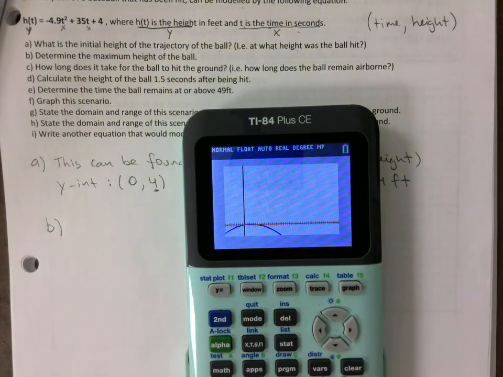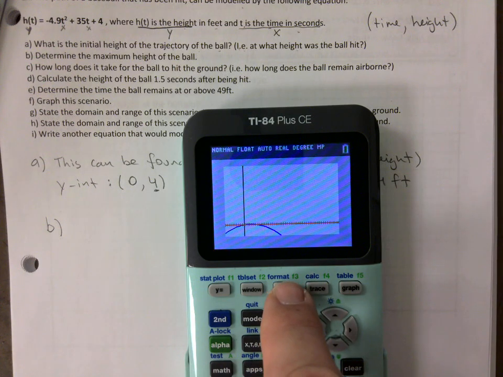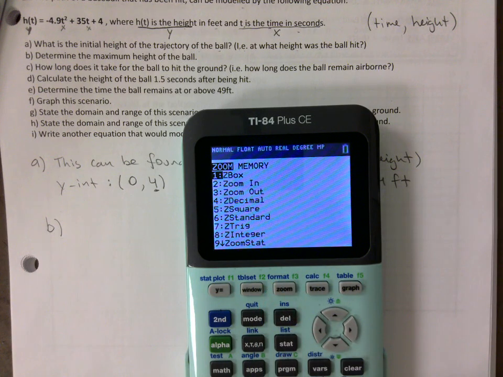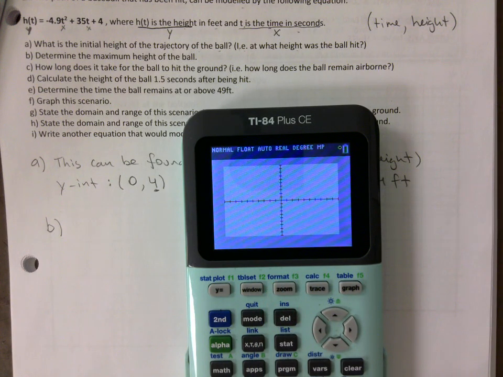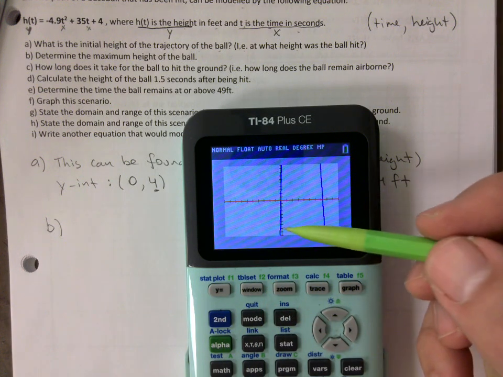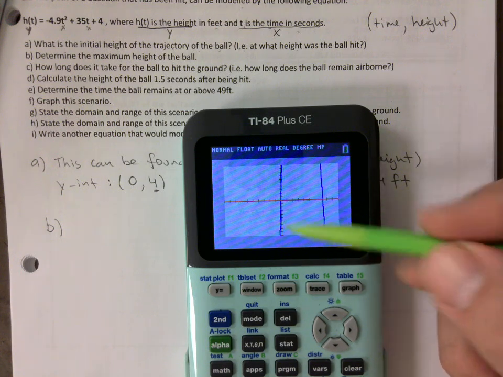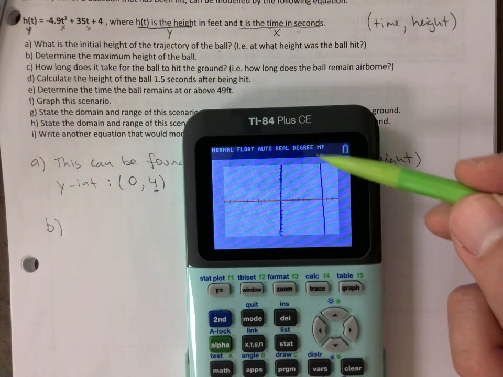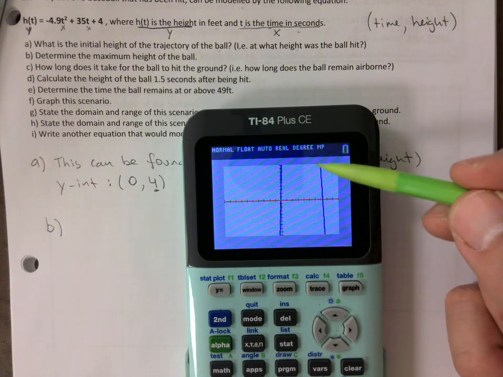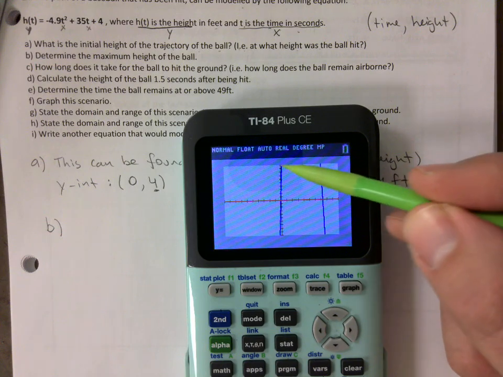Not a good graph, in my opinion. So I'm going to try zoom standard. I'm going to reset my window to a 10 by 10. It's zoomed in a bit more, but I still need to make sure my cap here is included. So I'm going to increase my Y max.